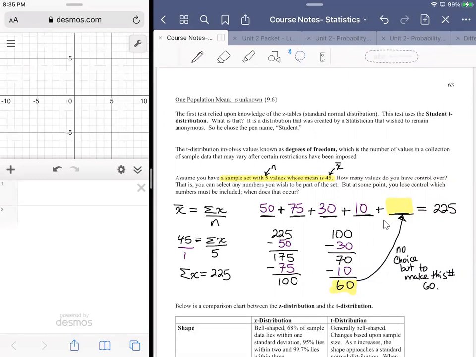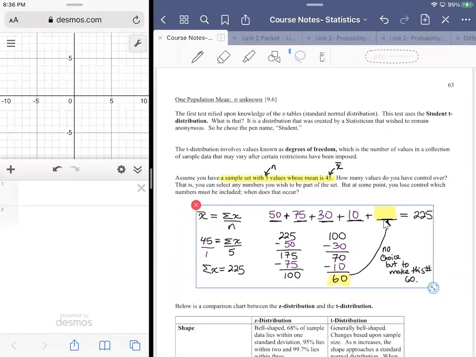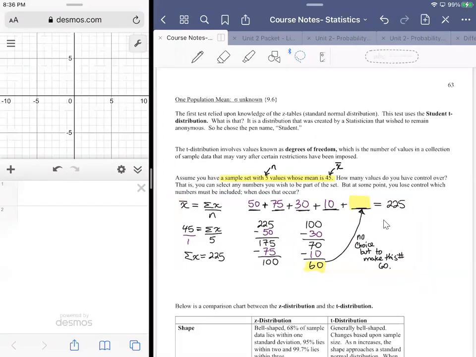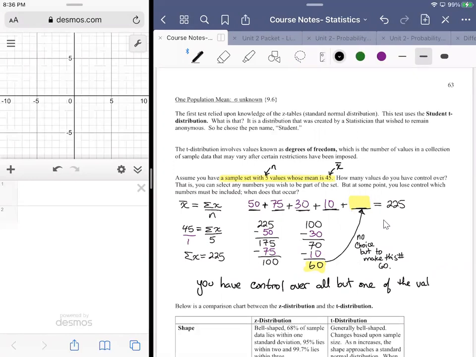So you have control, and let me just shrink this down a little bit, over all but one of the values in the set.